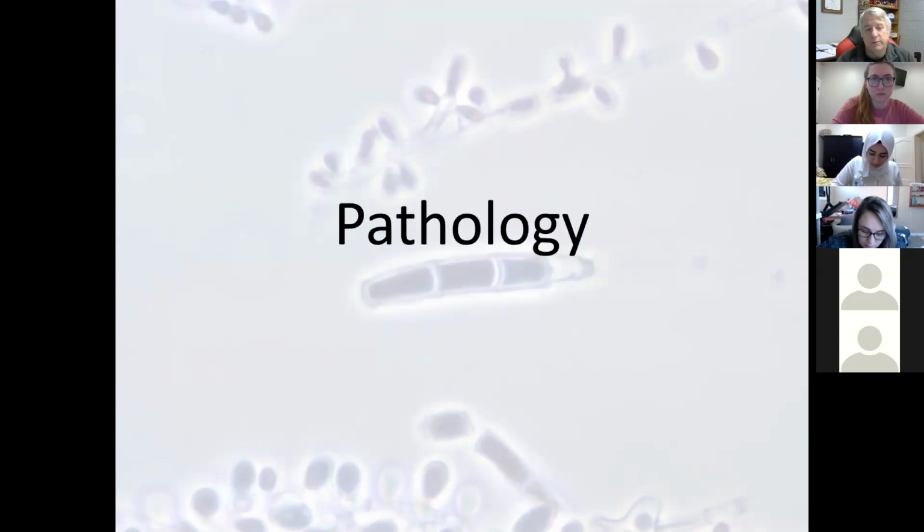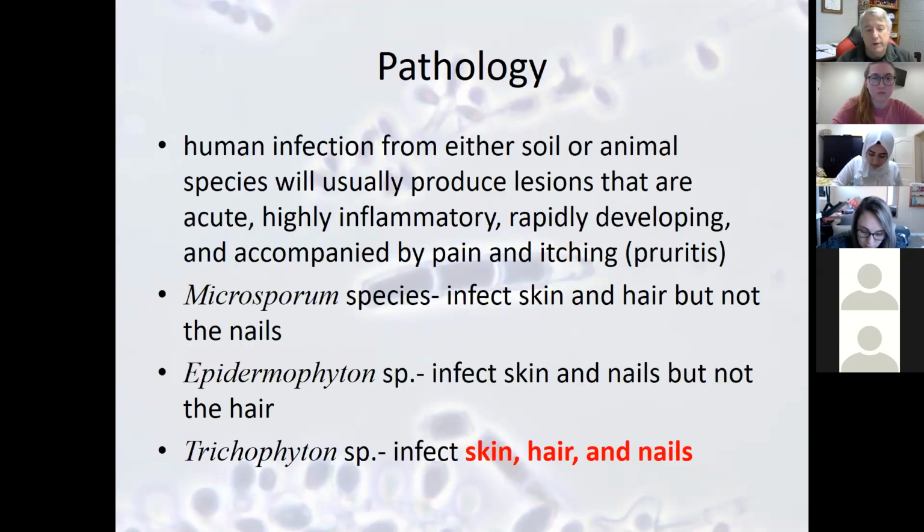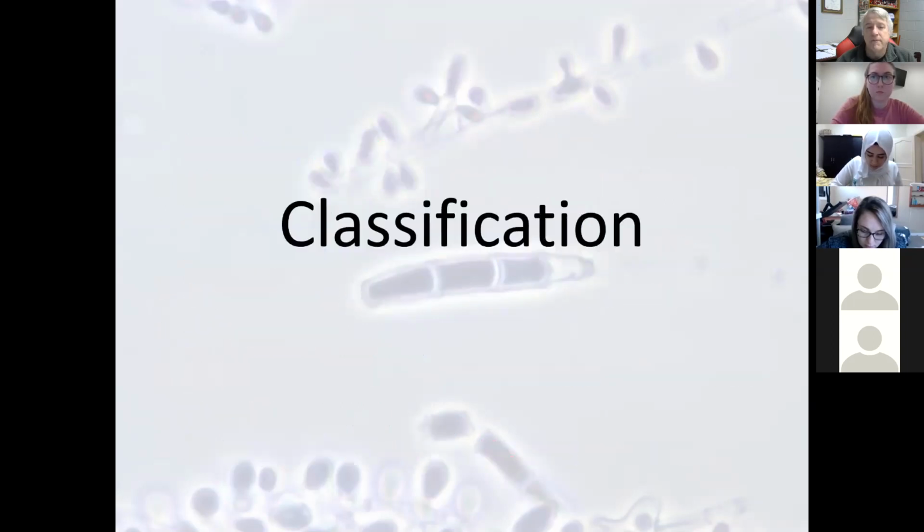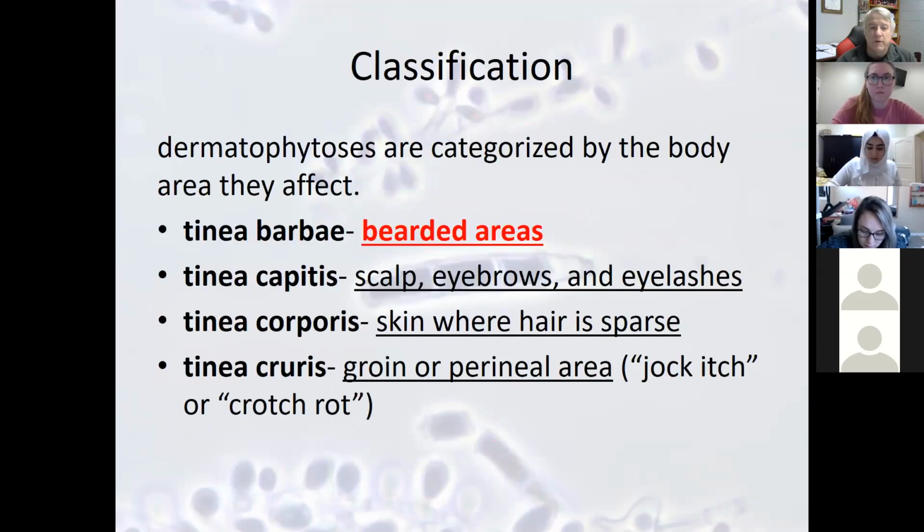In that list that we played with, Epidermophyton. All right, the dermatophytoses are characterized by the body area that is affected. So that's kind of, I guess, the names. When I think of barbae, I think of bearded areas.